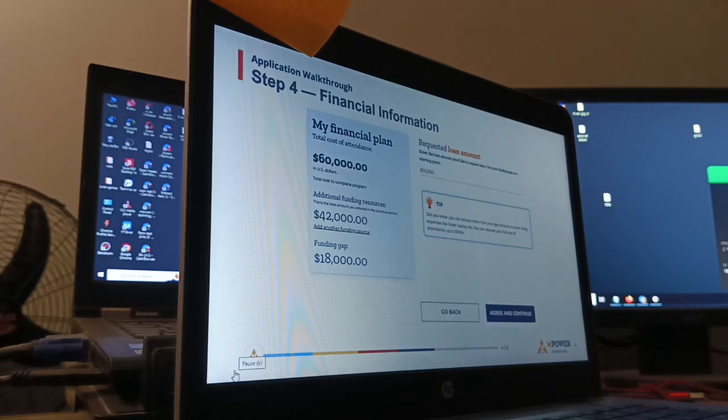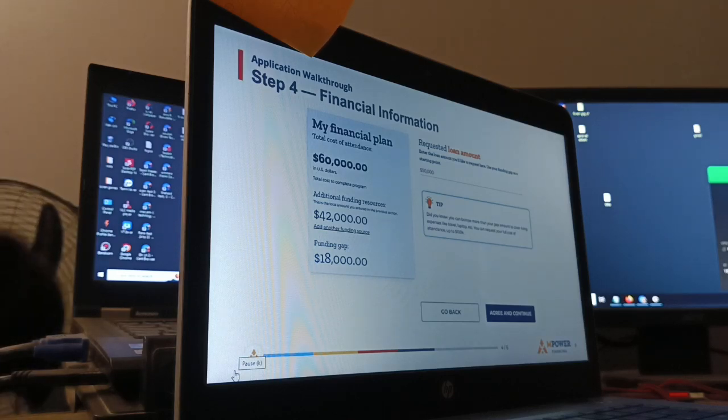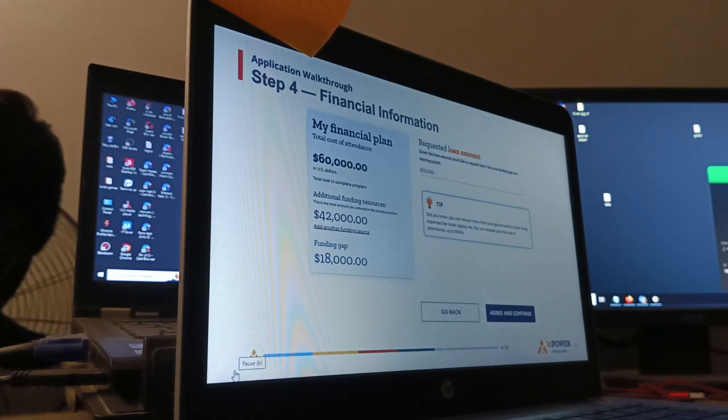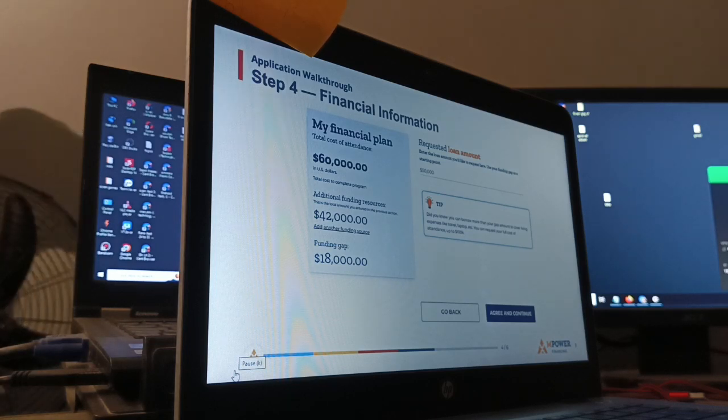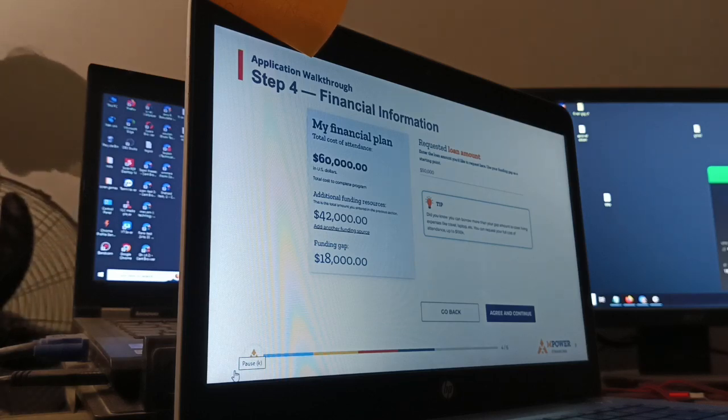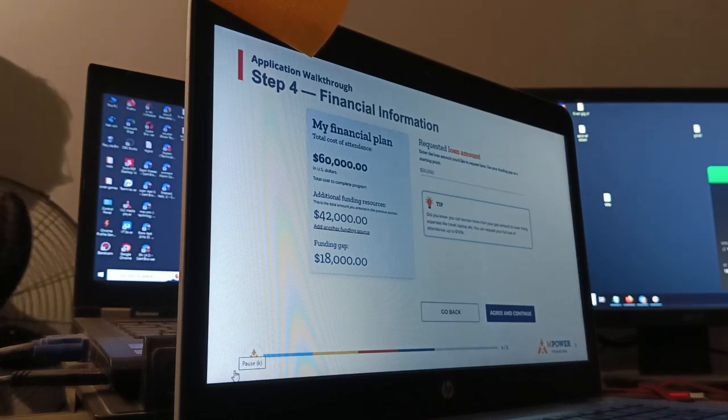So if you look at this as an example, your cost, let's say in US dollars, is $60,000, and you told us I have family funding, scholarship, which is total $42,000 until graduation.